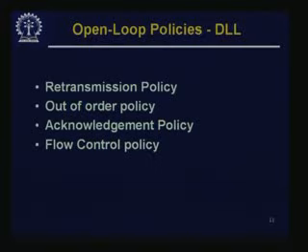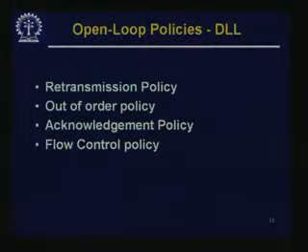Now, there are various policies at various levels that we can take for congestion control. Let us look at the data link layer, open loop policies. One is the retransmission policy. How would you retransmit? One example, let us say, is that suppose you have an Ethernet network with CSMA/CD going on, and then you have detected a collision.